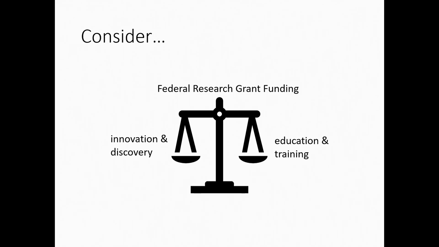A single federal dollar from a research program is often asked to do these dual purposes. Sometimes these purposes can be in competition with each other, and sometimes they're supportive. But I think a lot of times folks, especially at our R1 friends, focus on, and Congress talks a lot about, the innovation discovery component of a grant, but there's also this very important and real education and training component.